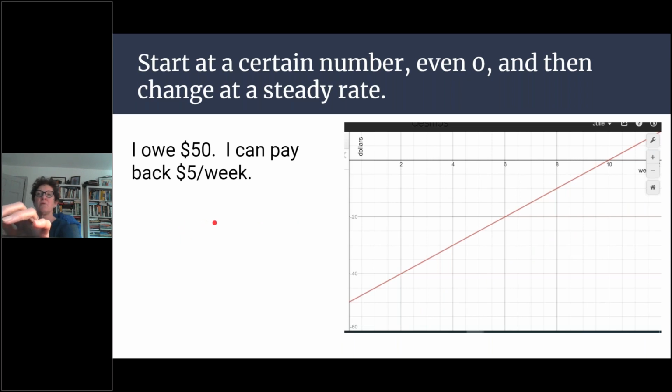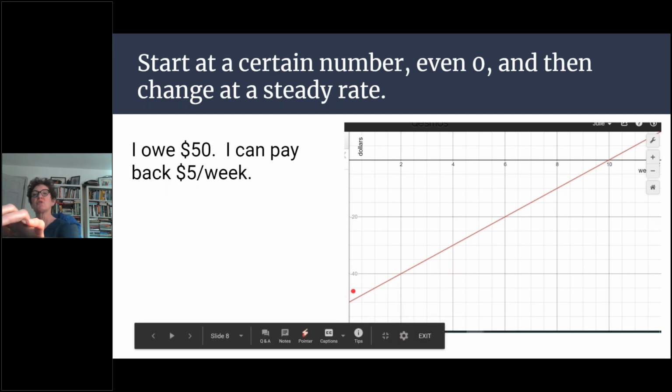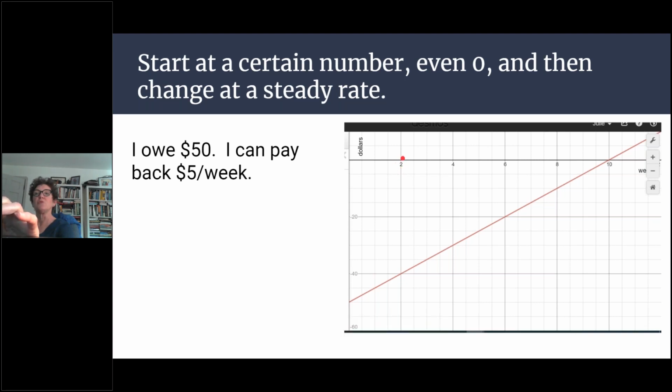So here's one where we're starting at a negative number. I owe $50. I can pay back $5 a week. So I'm starting down here in the negatives. There's negative 50. And then every week I can pay back 5. Here's my graph. Notice that this is going up by 2s.